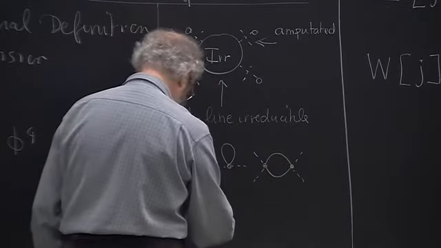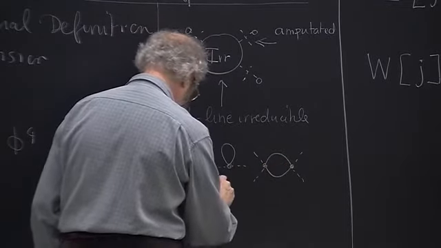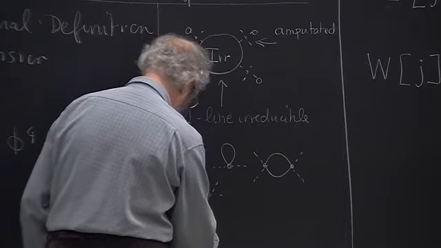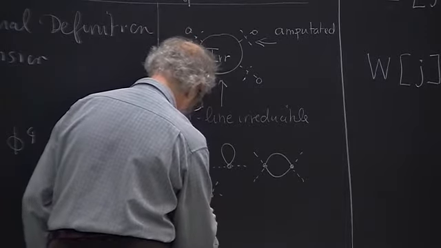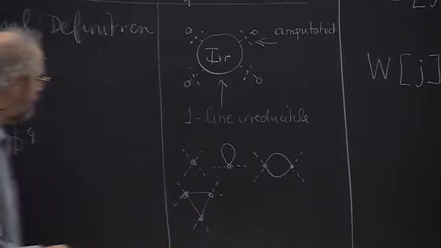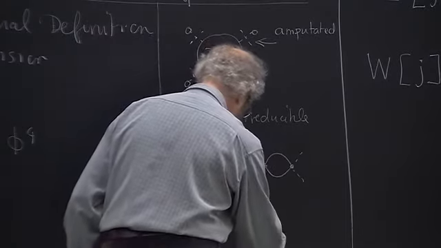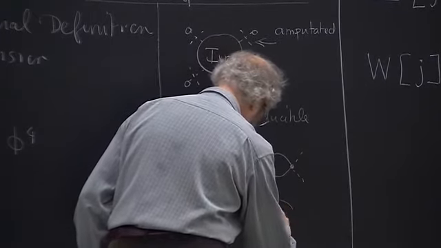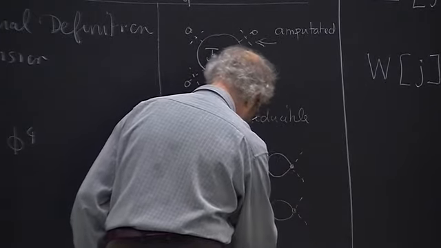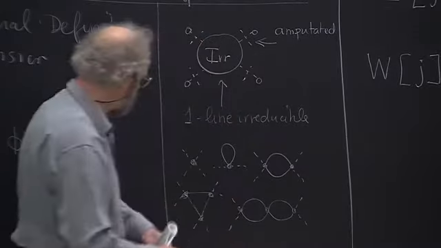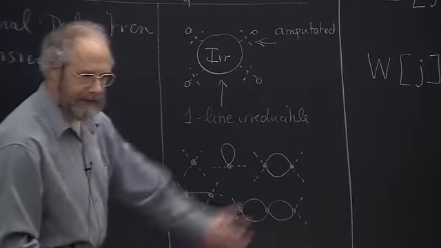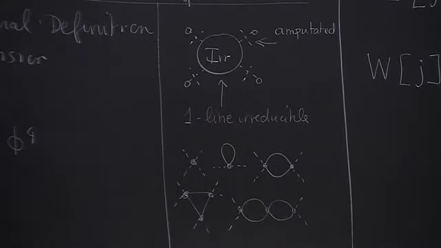And we also have seen this diagram, which appears in the 6-point function. But of course, you may have a higher order diagram like this one, which is irreducible because you can cut any of the lines, etc. So we want to define a generating function.